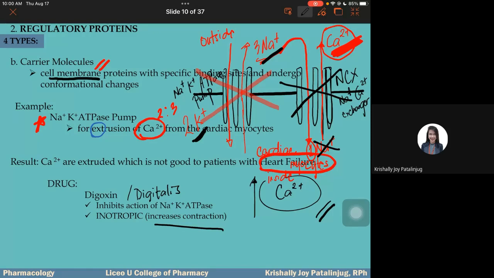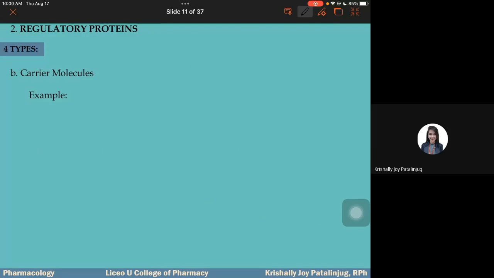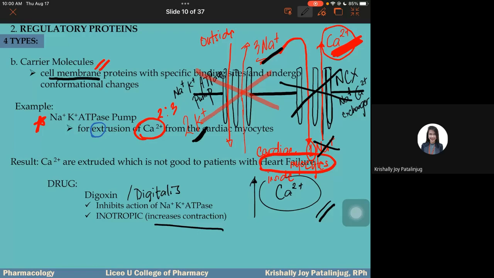We'll understand more about that carrier molecule as we discuss heart failure drugs later on. Okay? Thumbs up if you understand digoxin's function.